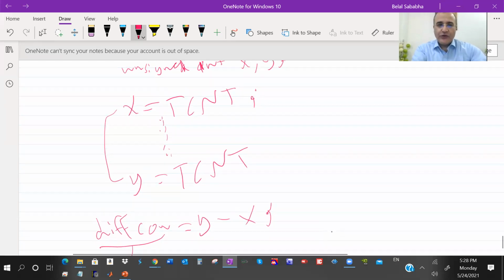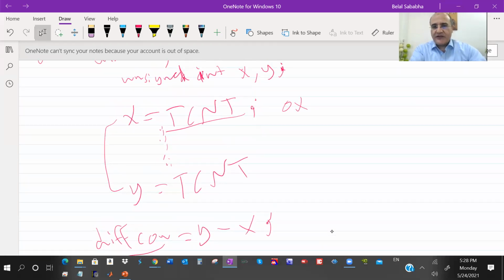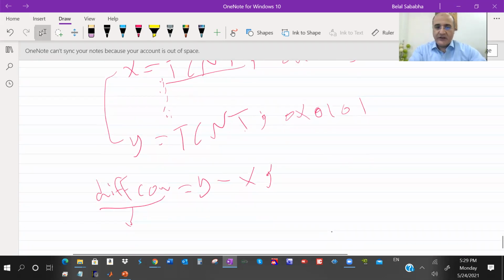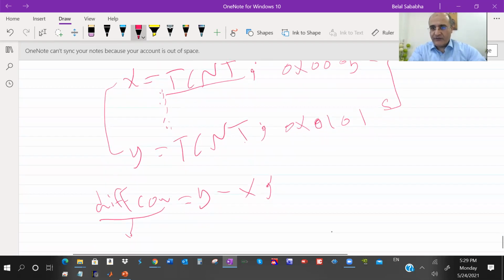So assume that when you read this register it was 0x0005, and when you read it here, y, it was 0x0101. This means the difference is the subtraction of 5 minus 1.